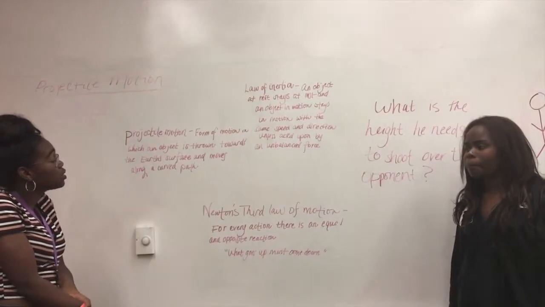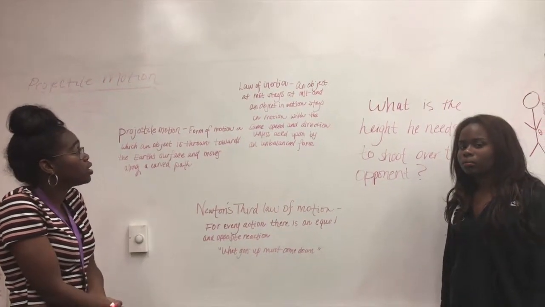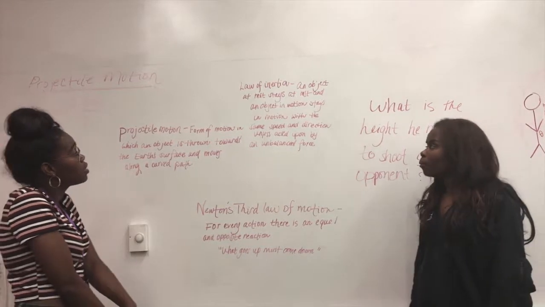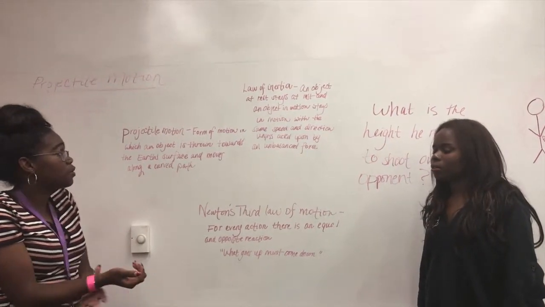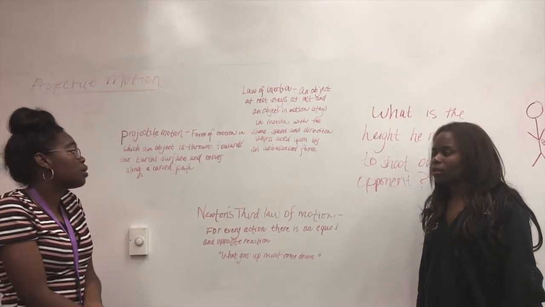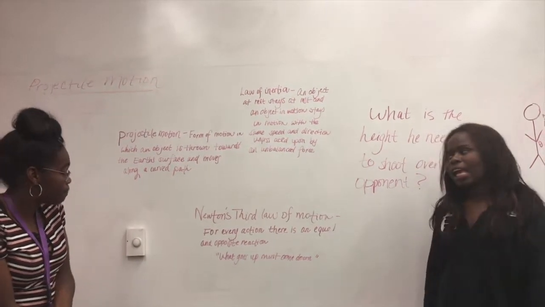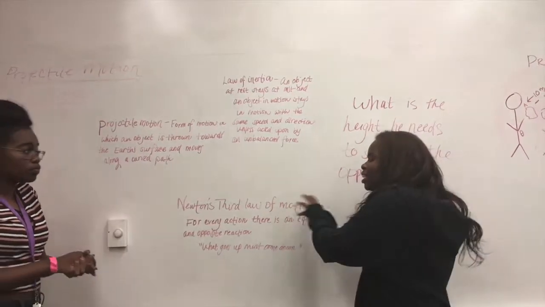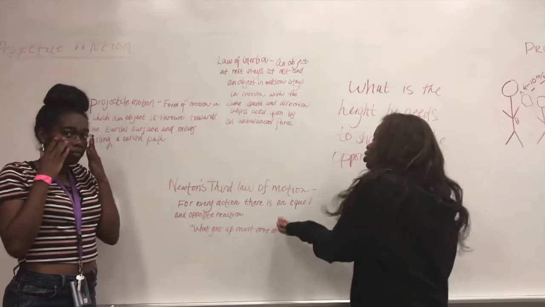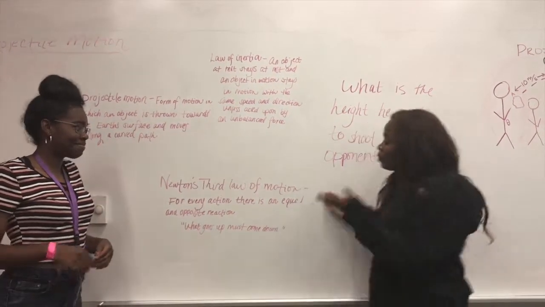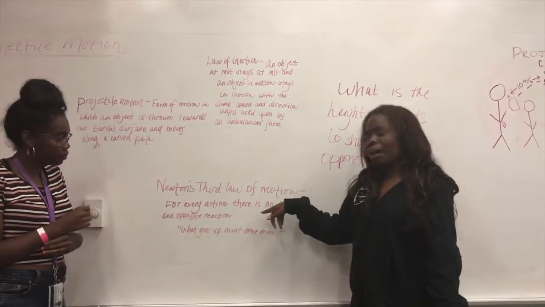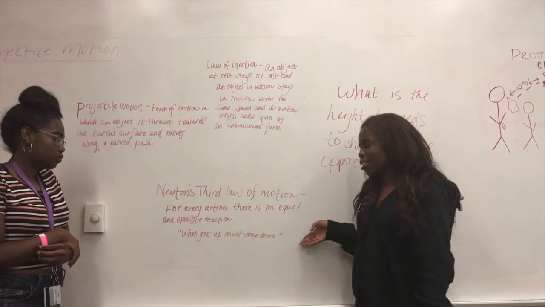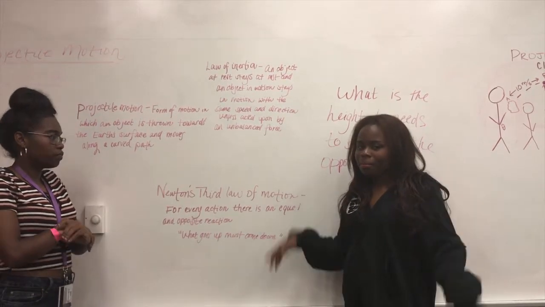The second one is the law of inertia: an object at rest stays at rest, and an object in motion stays in motion with the same speed and direction unless acted upon by an unbalanced force. All of those put together is based on Newton's third law of motion: for every action, there is an equal and opposite reaction. So basically, the quote, what goes up must come down.